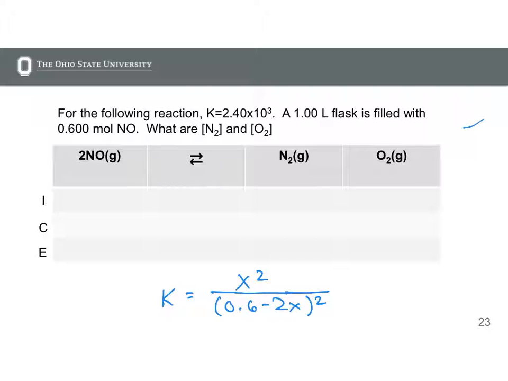This is a perfect square. Before you FOIL out the denominator and make it into a big, ugly, messy equation, you can take the square root of both sides and make your life much easier and solve for x. If you didn't get to this part, let me know.